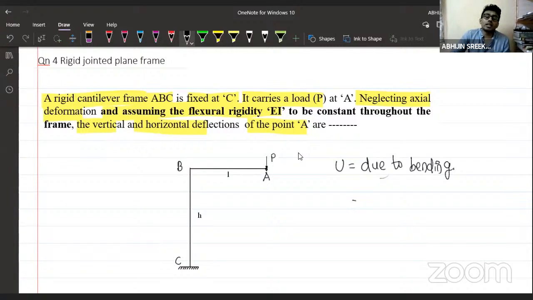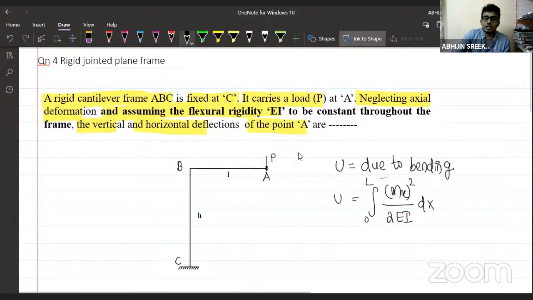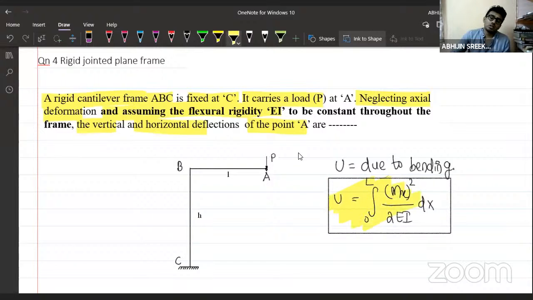How to calculate the strain energy due to bending? It will be the integral from 0 to L of Mx, the moment at section x, whole squared, divided by 2EI, into dx, for a member having uniform structural rigidity. I value will be constant. So this is the equation for finding the strain energy stored in a member due to bending.